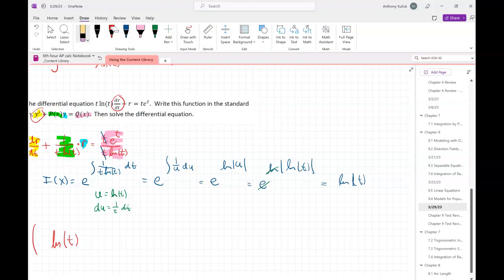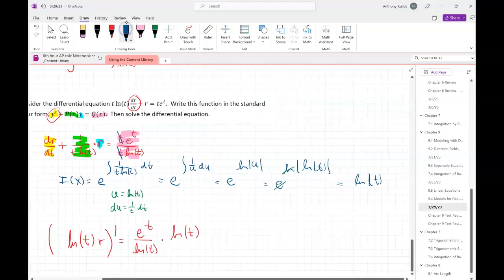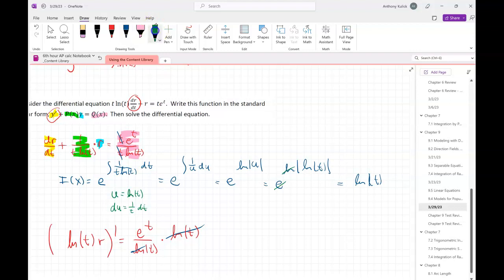If it's both negative, the negatives cancel out. It's not a big deal. And that's lovely because when I do that, the natural log from the q of x cancels out.